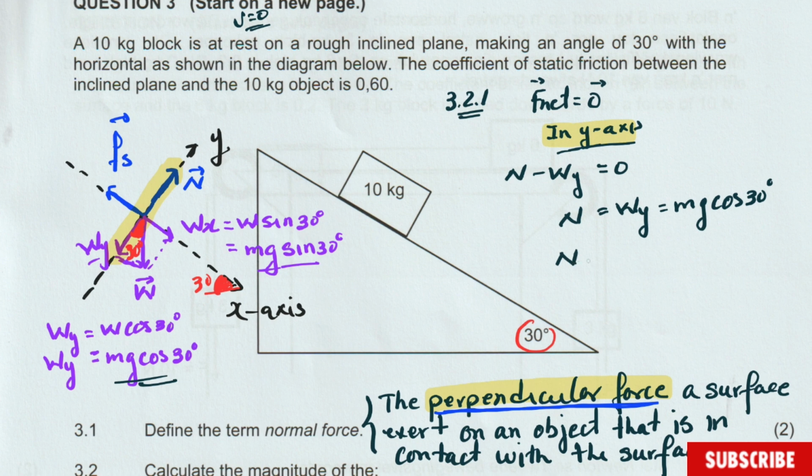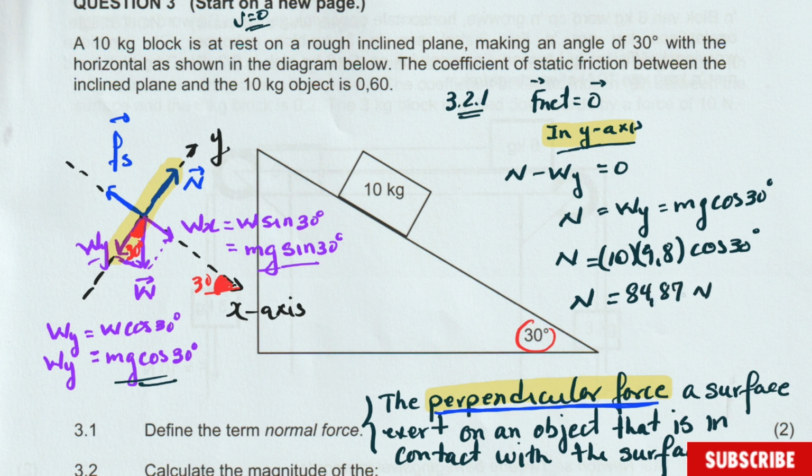So the normal is equal to, now you can substitute everything because you have all the numerical values here: 10 multiplied by 9,8 multiplied by the cosine of 30 degrees, and then the answer is going to be 84,87.